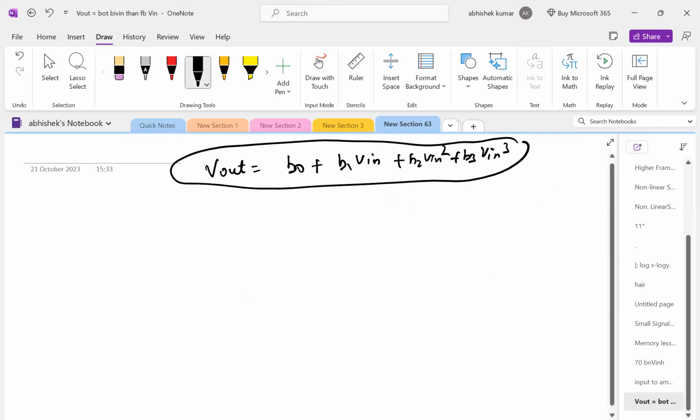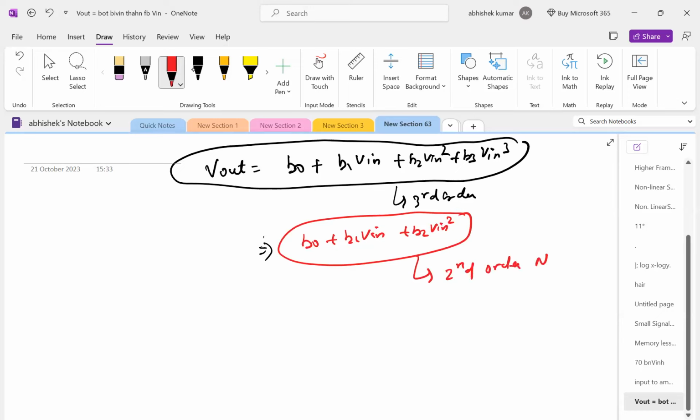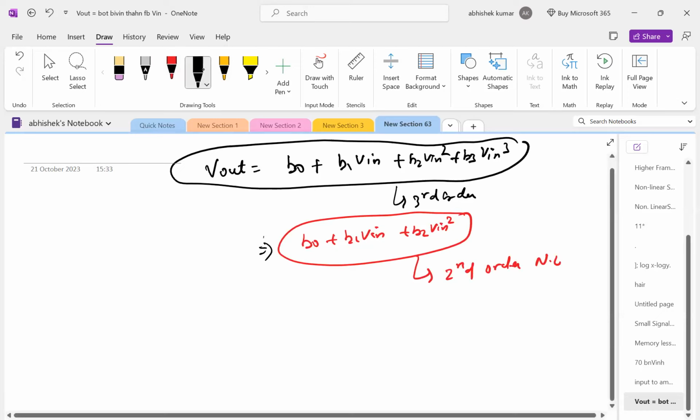So you have the different components. This is third order nonlinearity. If somebody tells you that you have second order nonlinearity, then it will be B0, B1 V in, and B2 V in square. That is second order nonlinearity, and this is third order nonlinearity.